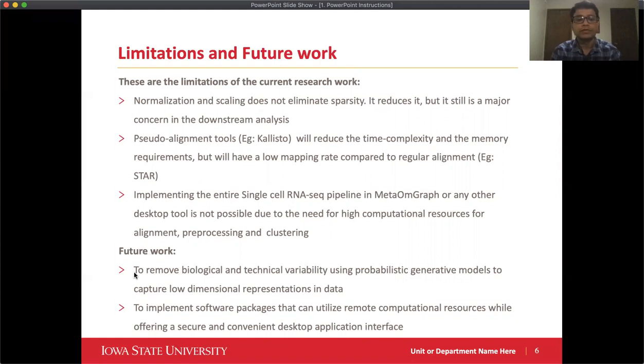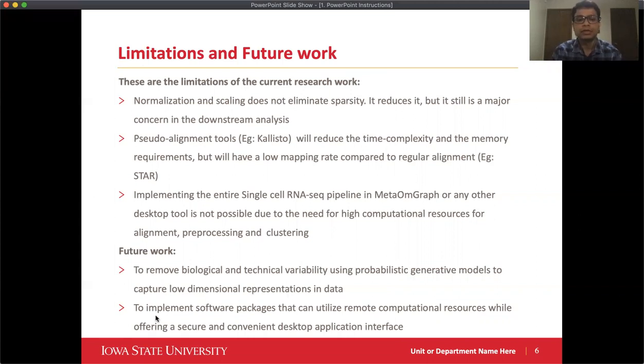And the future work would be first thing to remove biological and technical variability. This poses problems in the downstream analysis, and could result in some incorrect statistical analysis. So researchers are working on this problem using probabilistic generative models, in order to capture low dimensional representation of the data.